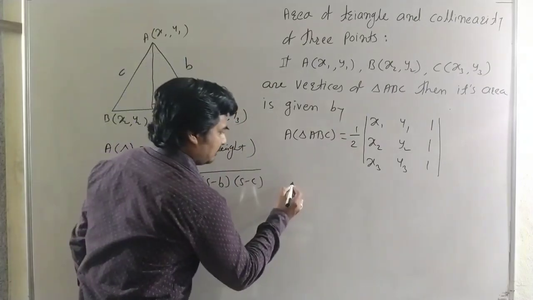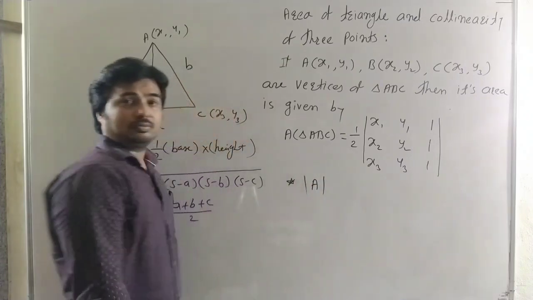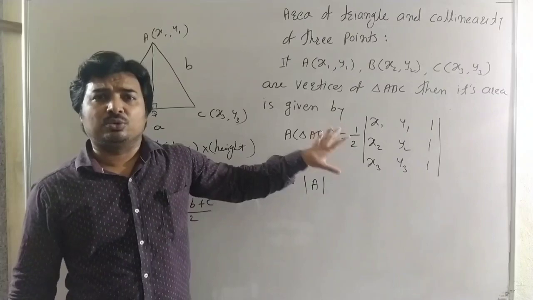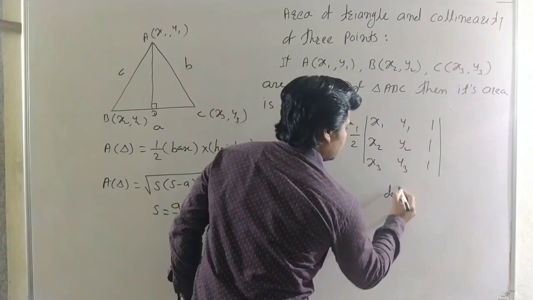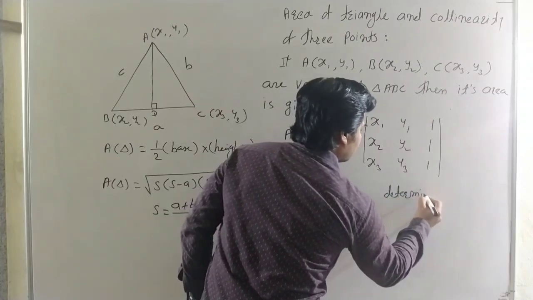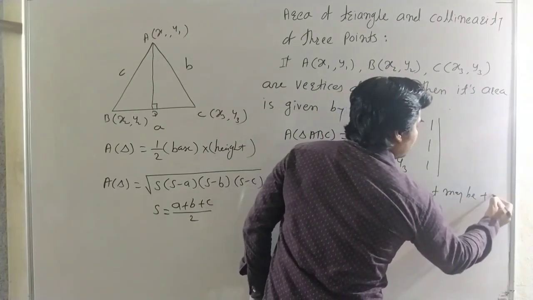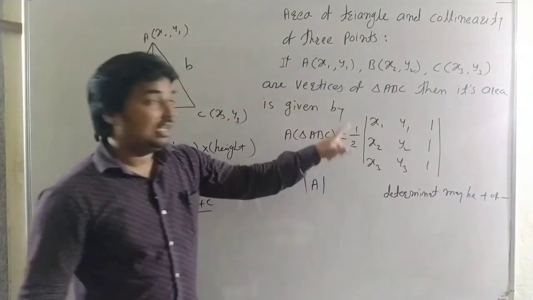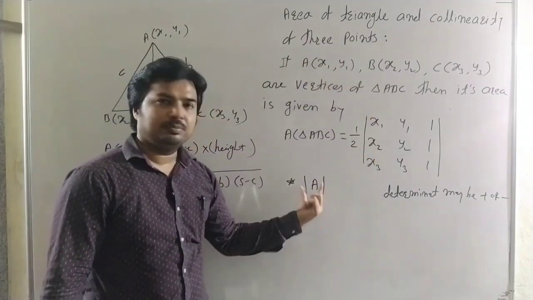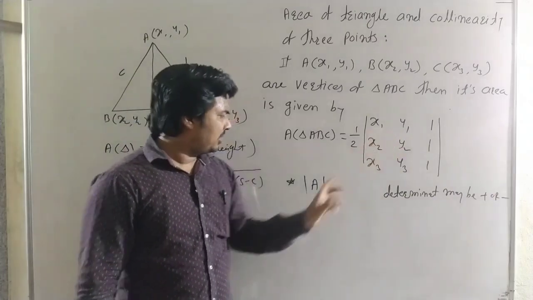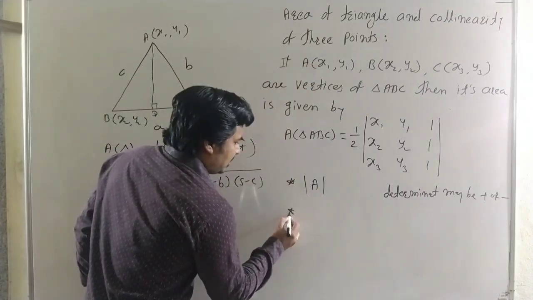So we take the area as the modulus, the absolute value of the determinant, that is the positive value. Okay, then see carefully the second note.